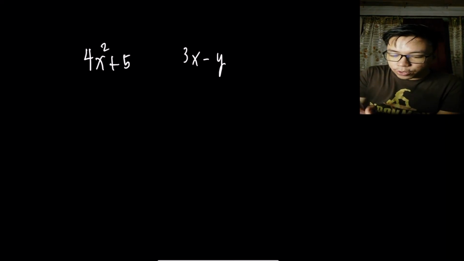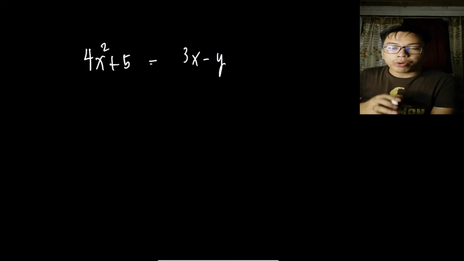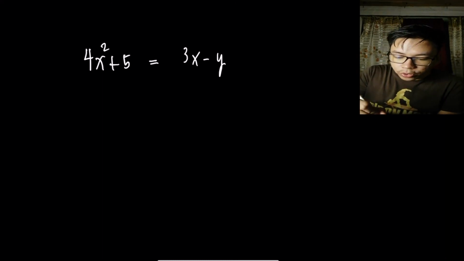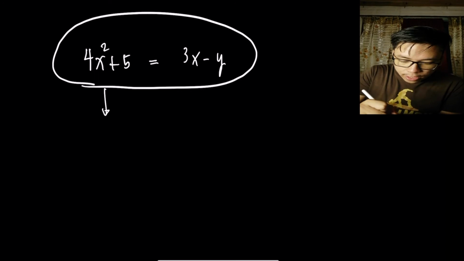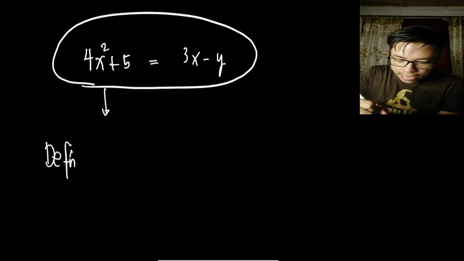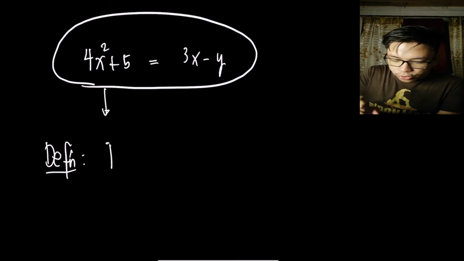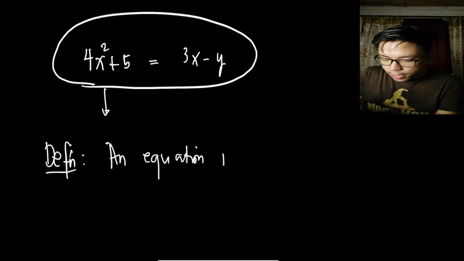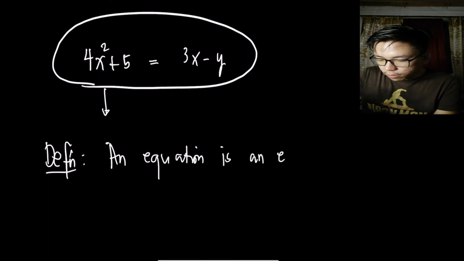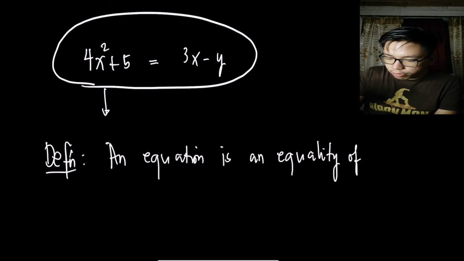So in this case, if you're gonna equate that, that means 4x squared plus 5 equals 3x minus y, we no longer call this an expression entirely, but this is now an equation. Which means to say that we can write a formal definition that an equation is an equality of two expressions.